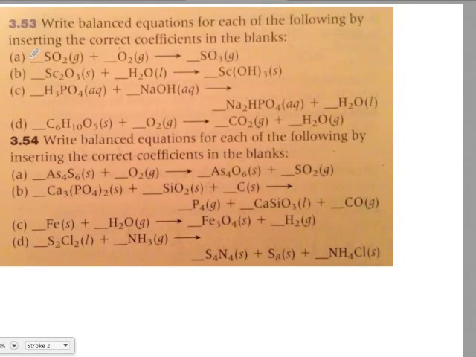Okay, so I'm going to just put the answers here. This is 2, and this is 2. You'll need 3 water, and 2. You will need 2 sodium hydroxides and 2 water. You will need 6 oxygen, 6 carbon dioxide, and 5 water.